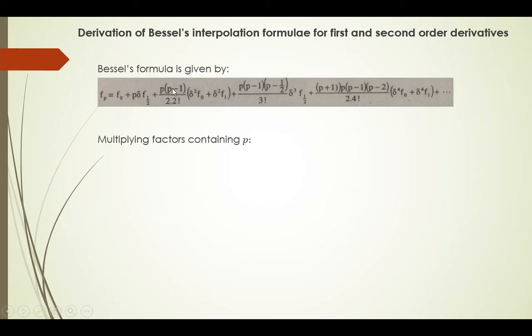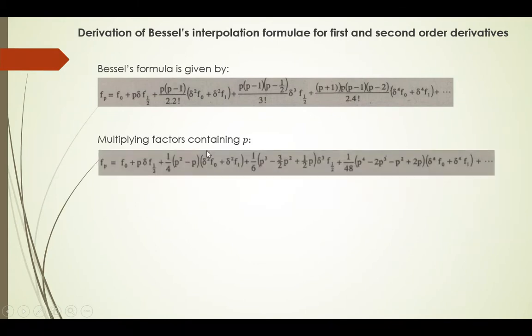Multiplying these, multiply p inside, multiplying these three factors, multiplying these four factors to get this equation. We multiplied p inside, so that is p square minus p. Multiplying these three, we'll get this thing. Multiplying these four, we'll get this thing. Why we multiply these things? Because we are going to differentiate with respect to p. So power rule will be used, which is very simple to apply.